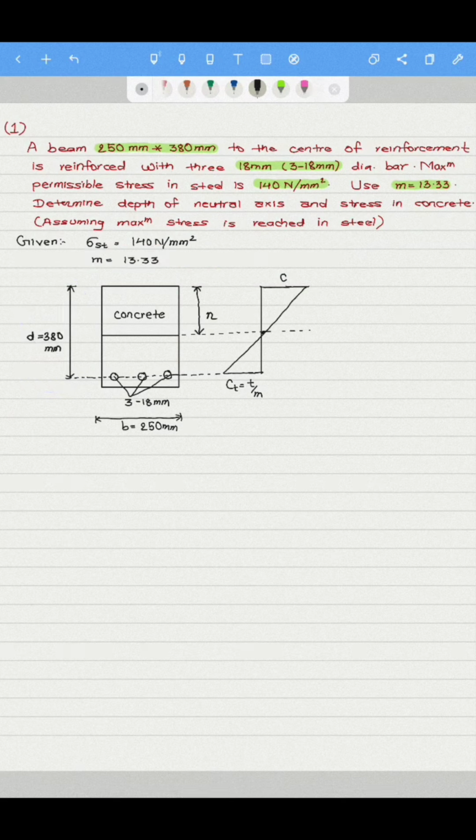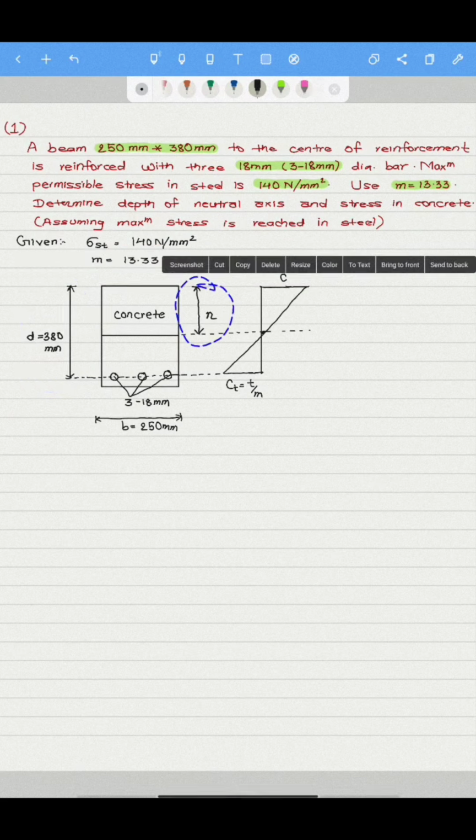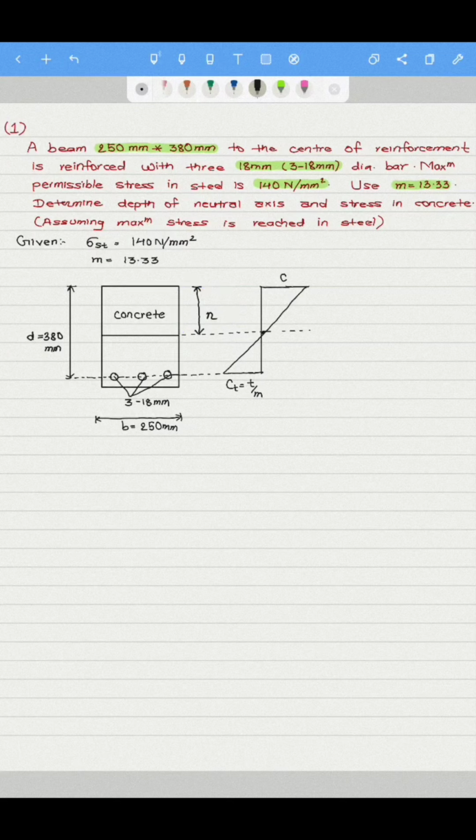Here n is the depth of the neutral axis, and Ct, which means the stress of the concrete around the steel, will be equal to T by M. T is nothing but the permissible stress of the steel in tension. Let us proceed with the question.